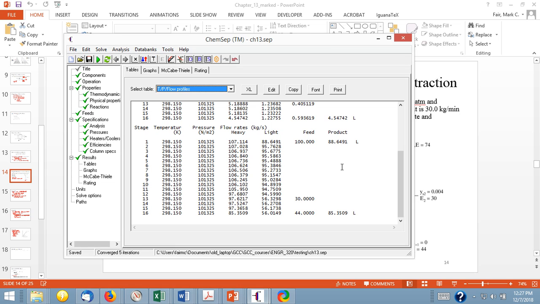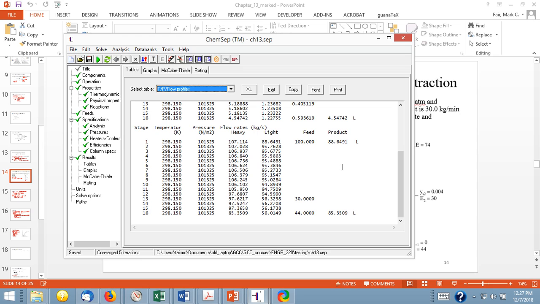Now, if you go up to the top of the column, or the extractor in this case, what are we feeding in? We're feeding in the water acetic acid system, right? No butanol in it. So notice what happens there. That's our heavy stream.